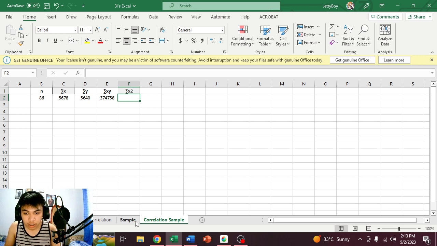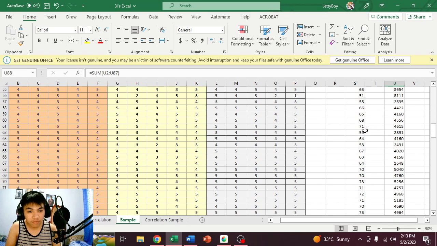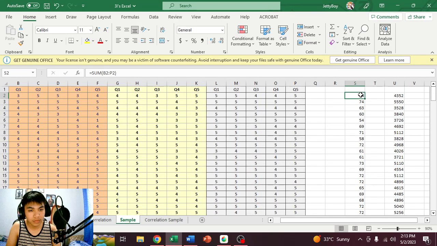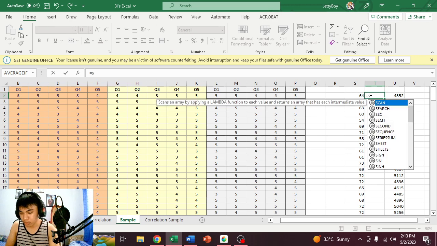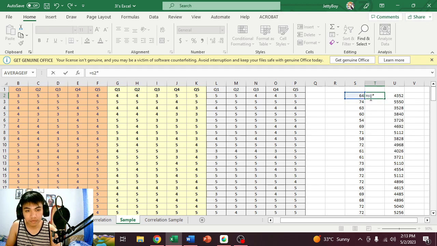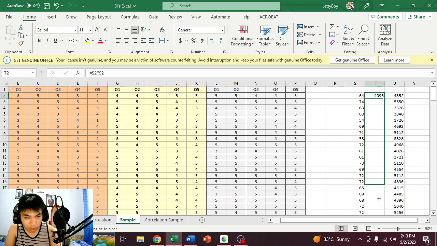To get the summation of x squared, we have to square these values. Okay, to do that, we will put the corresponding column and row number. So S2, to get the square, just multiply it by itself. S2. Okay. And now you have 64 squared. 64 squared is 4096.